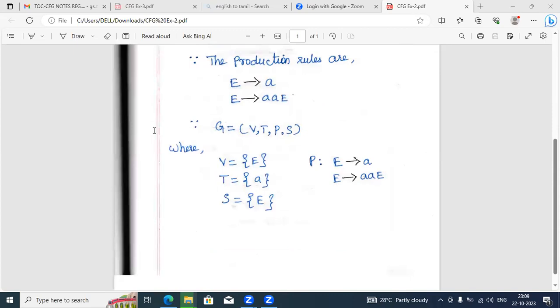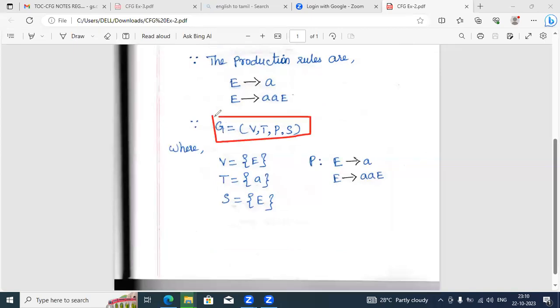The context-free grammar is represented with four components, called V, T, P, S: variables, terminals, productions, and start symbol. The variable is the non-terminal. Here we have only E on the left-hand side of the production symbol, so the variable is E as per this example.